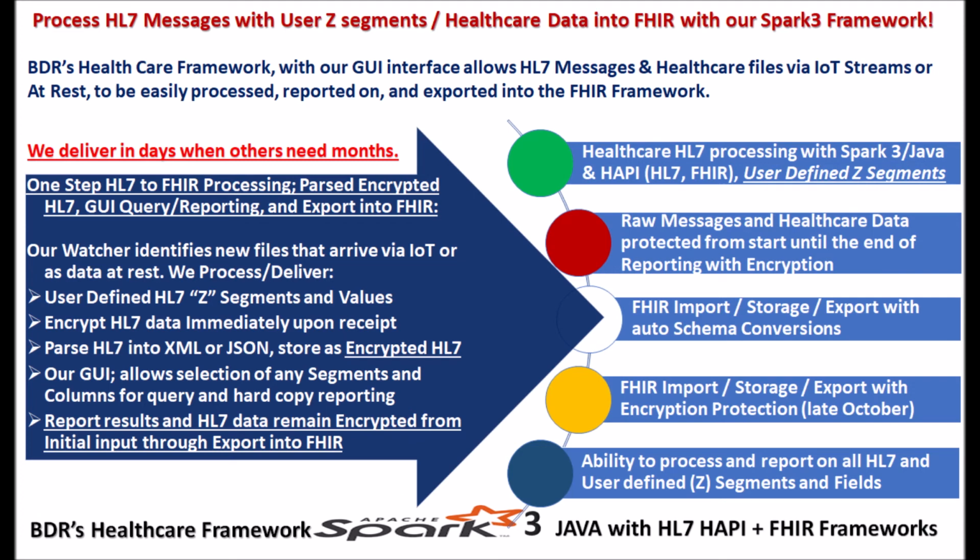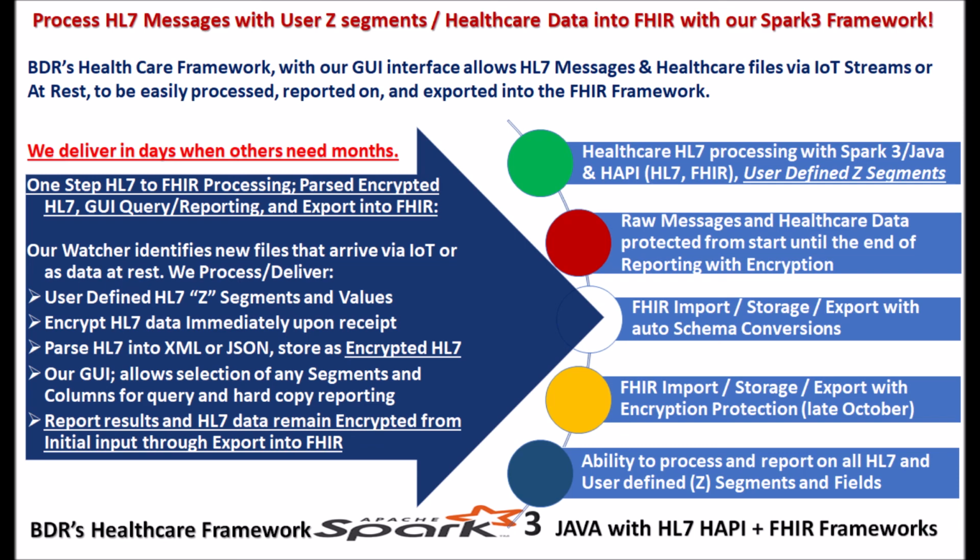1. Process, parse and report on HL7 messages, including user Z segments. 2. Import HL7 and healthcare data into FHIR, encrypted, with a Spark 3, Spring Framework and Graphical interface. 3. Process healthcare files from IoT or data at rest. 4.